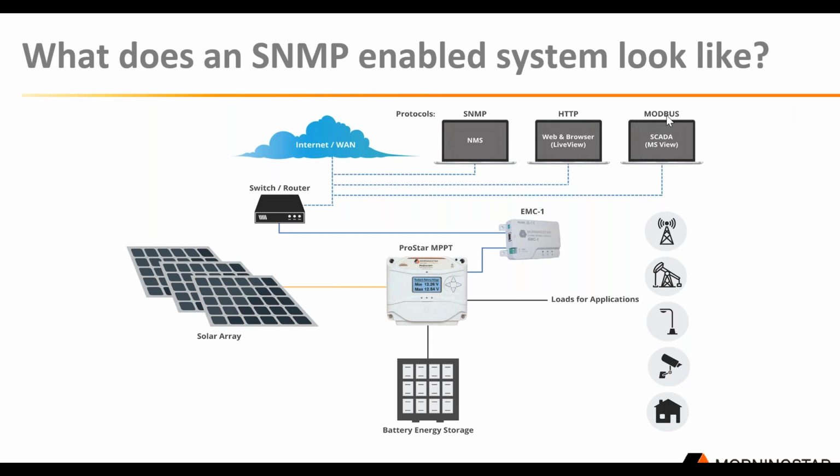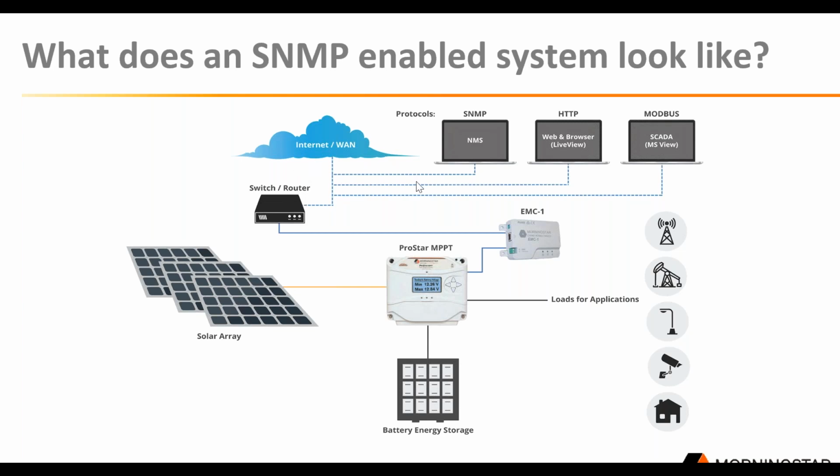And so that's what we've done through the use of our EMC1 Ethernet adapter. You see that here. We have a simple data cable RJ11 connecting the controller to the EMC1, and that provides an Ethernet connection to your switch or your router.